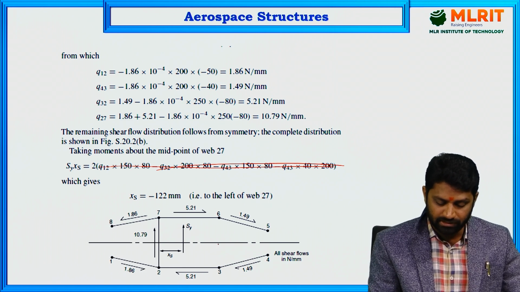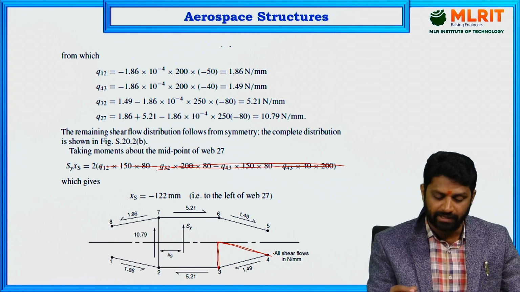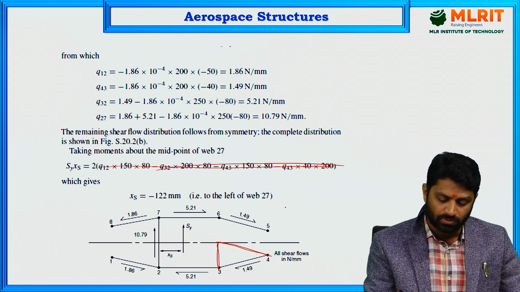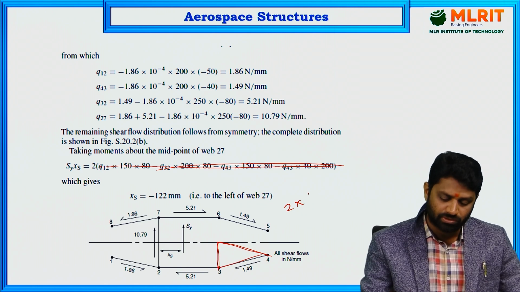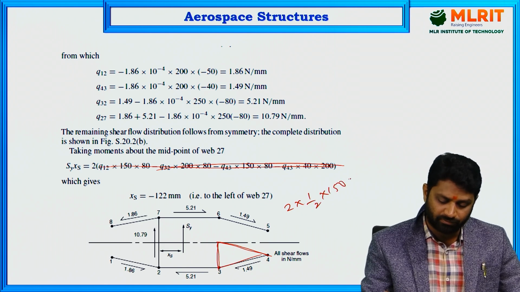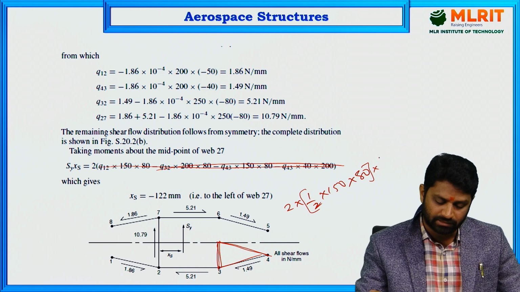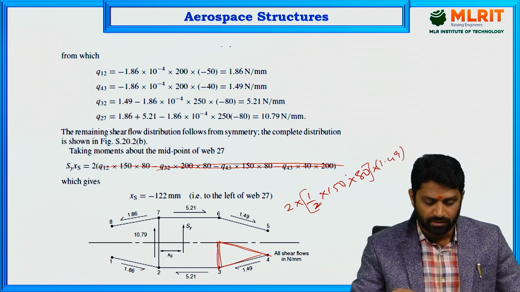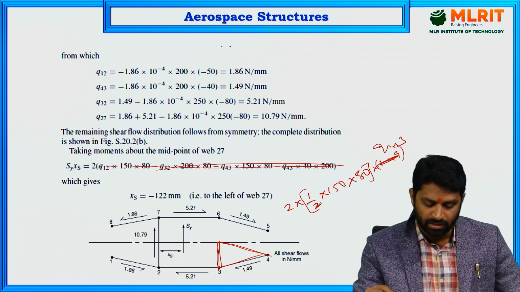So now here, you can consider this area: 2 into base, which is 150, so 2 into 1 by 2 area of this triangle, and then this is 80. You can write 2 into A into Q, where Q is again Q43.